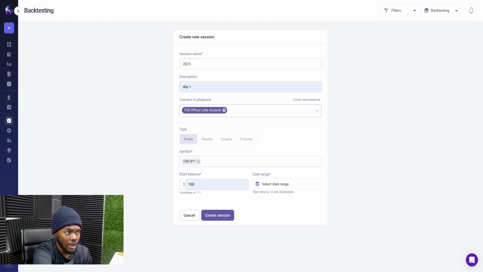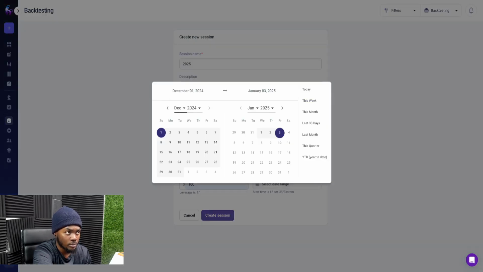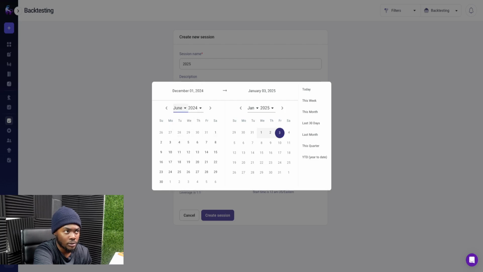And then once we have our balance, like I said, I'm usually going to start with $100, and then the data range. So anywhere from, let's just do 20,000. Let's start in July, like the last 6 months, whatever. So let's start in June, and it doesn't let you pick weekends.